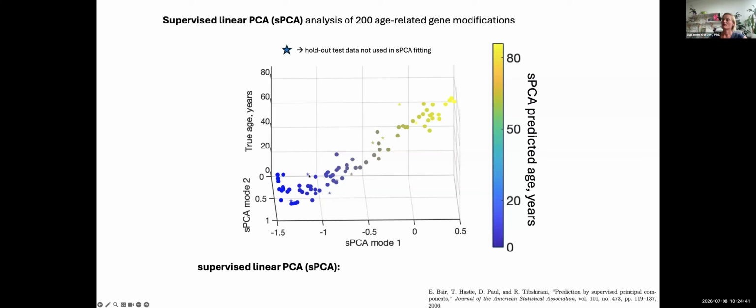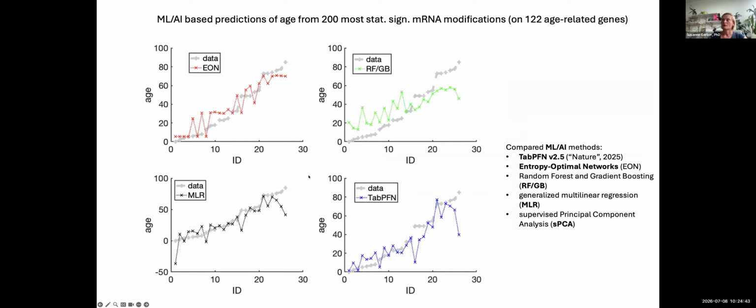We also then used some machine learning based approaches, an entropy based approach, random forest, gradient boosting, multilinear regression, and TabPFN. And what you can also see here nicely, even though there is definitely some plus minus divergence from the predicted, so the gray ones are the true age and the red ones are the predicted by the model.